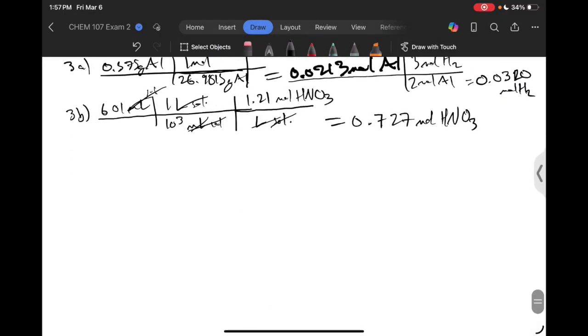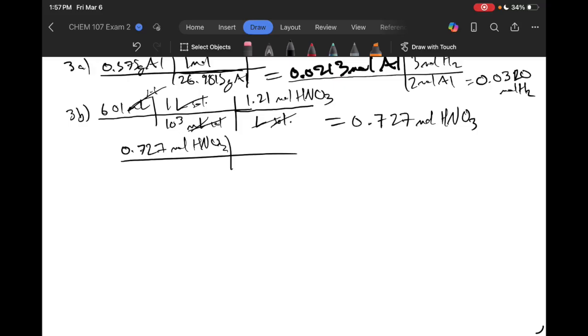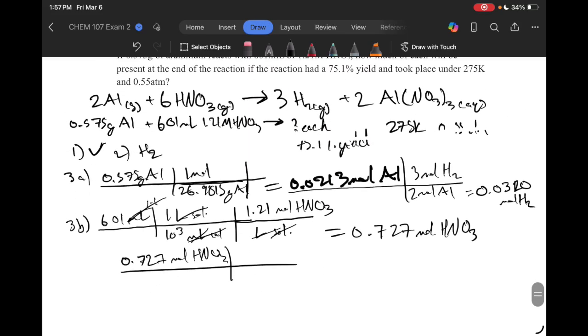So now, 0.727 moles of HNO3. Using our molar ratio, we know that for every 6 moles of HNO3, we have 3 moles of H2. We can simplify 3 over 6 as 1 over 2.